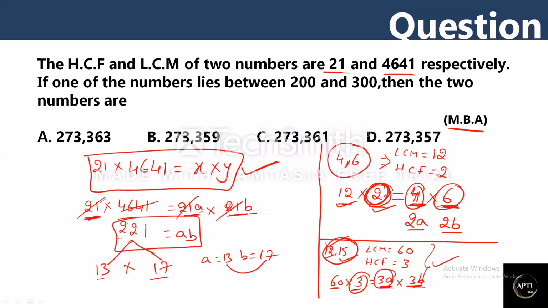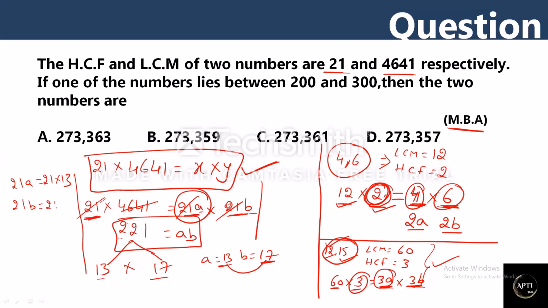Now we already know a is 13 and b is 17. One number is 21a and the other is 21b. What is 21a? 21 into 13.